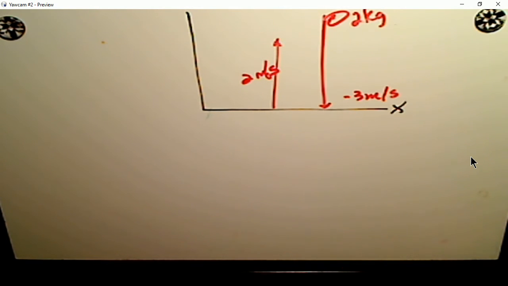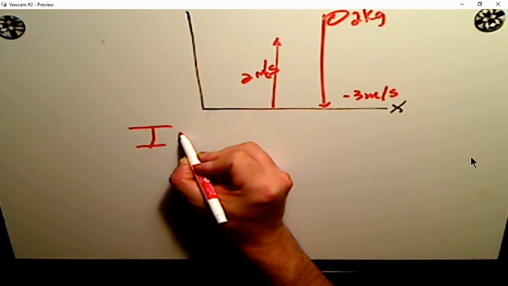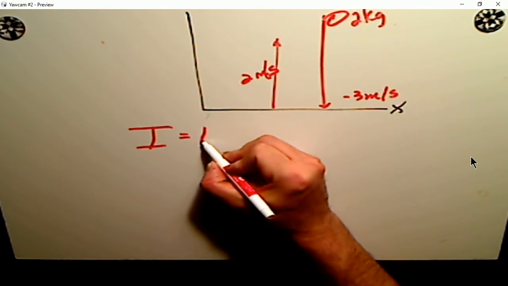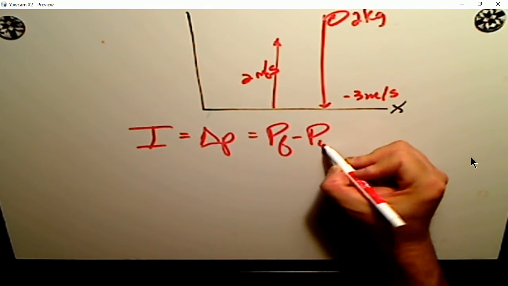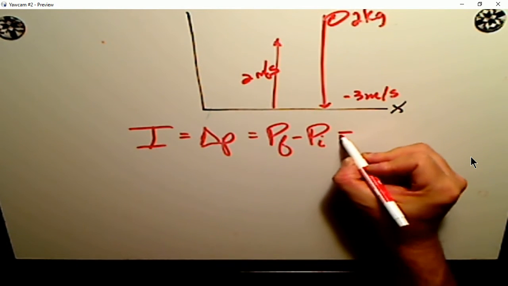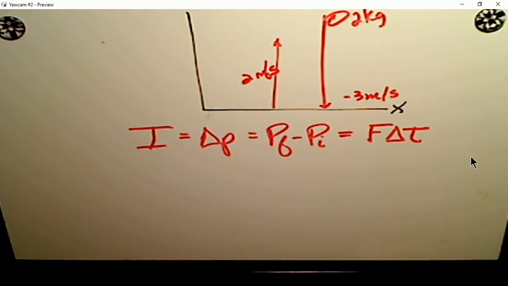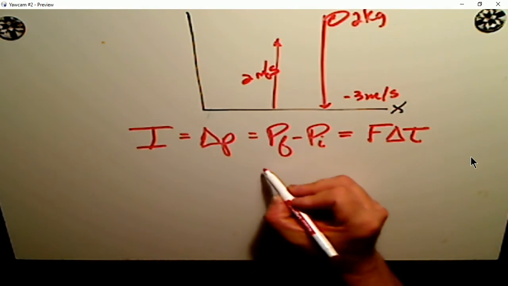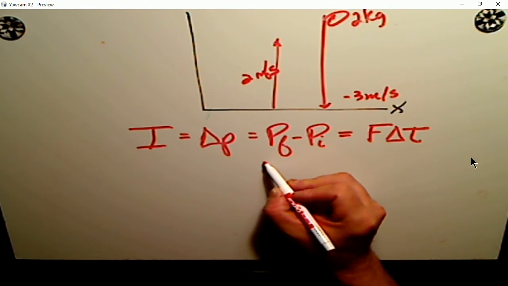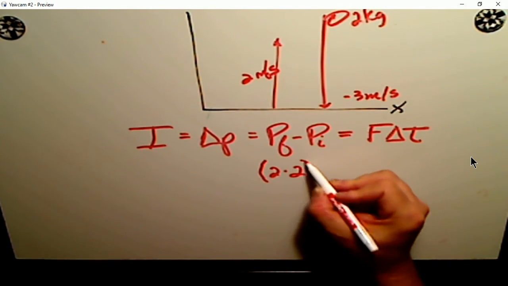Something is lost, and we're going to look at what's lost here, because if we write down the impulse momentum theorem, momentum final minus momentum initial is equal to impulse, which is the force for a given change in time. The momentum final for this ball is mv, 2 times 2.